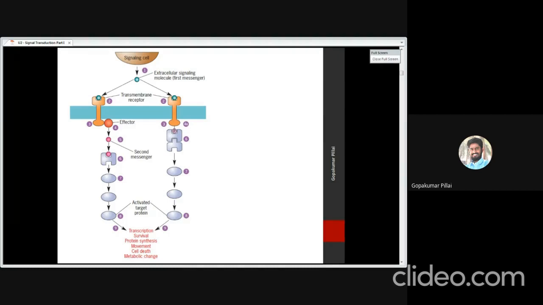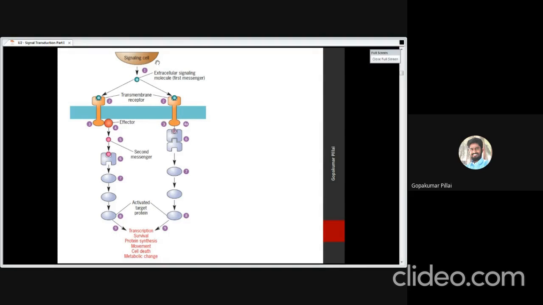When the extracellular messenger binds to the extracellular domain, it undergoes a conformational change, and due to the conformational change, the internal part, that is the cytoplasmic domain of the receptor, now becomes active.